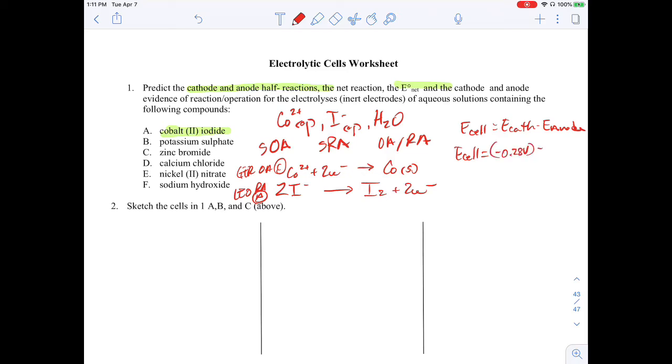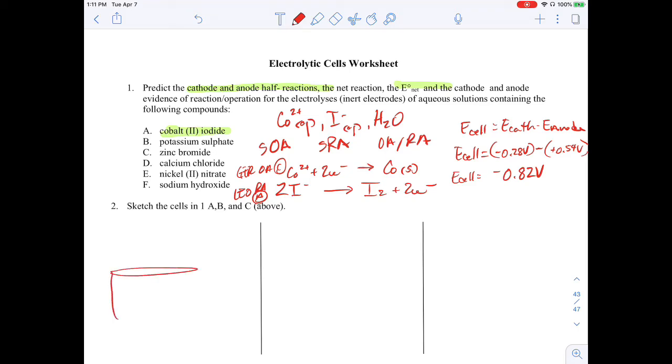And my anode, I subtract, so minus the anode's value, and iodide is positive 0.54 volts. And so my E cell is going to be negative 0.82 volts. And so it's a non-spontaneous reaction.